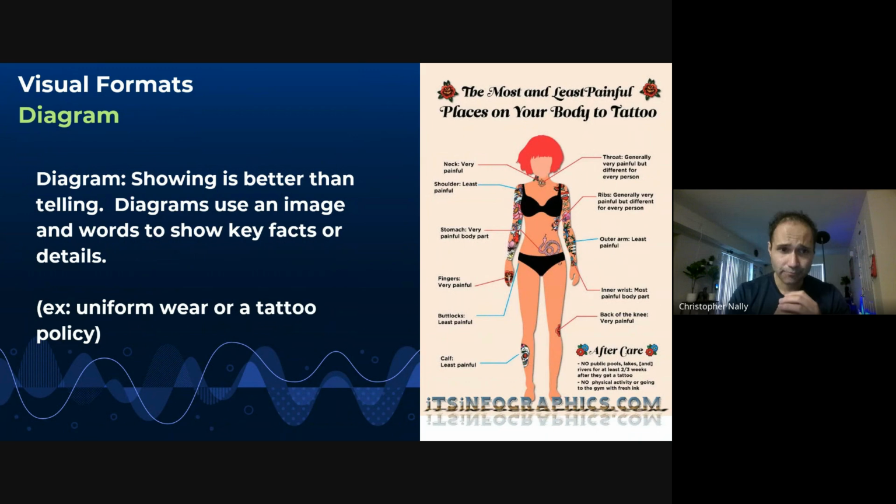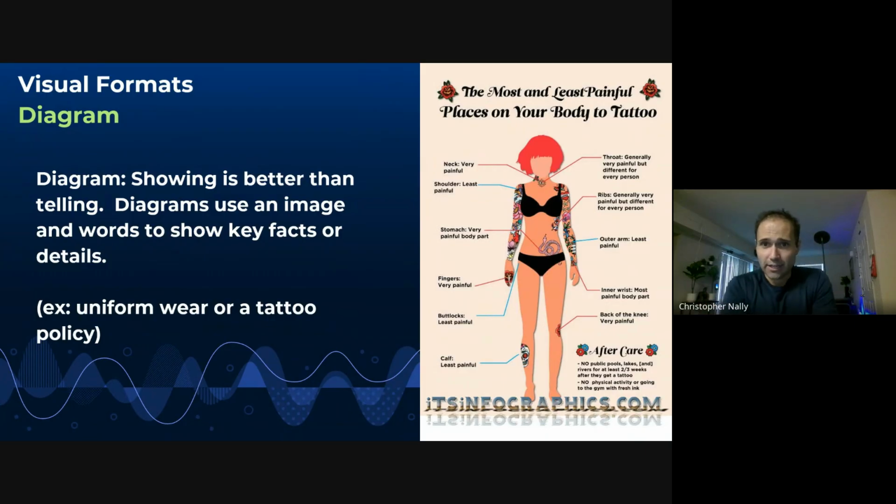Very popular. They also are popular when it comes to breaking down different apparatuses, like an aircraft or a piece of equipment, the different types of weapon systems, and it can break down the different parts essentially.